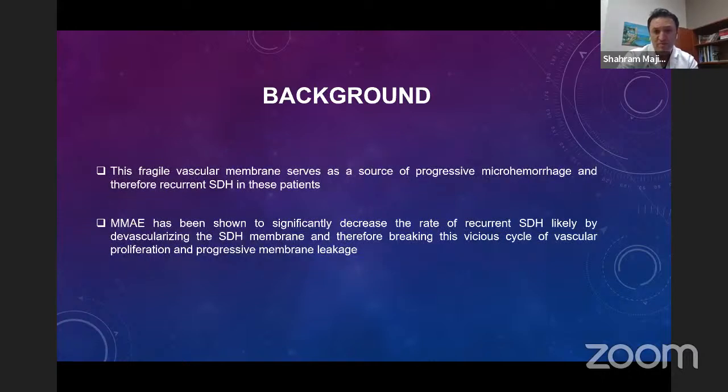This fragile vascular membrane serves as a source of progressive hemorrhage and therefore recurrent subdural in these patients. Middle meningeal embolization has been shown to perhaps decrease the rate of recurrent bleeding, likely by devascularizing this subdural membrane and therefore breaking this vicious cycle of vascular proliferation and progressive membrane leakage.